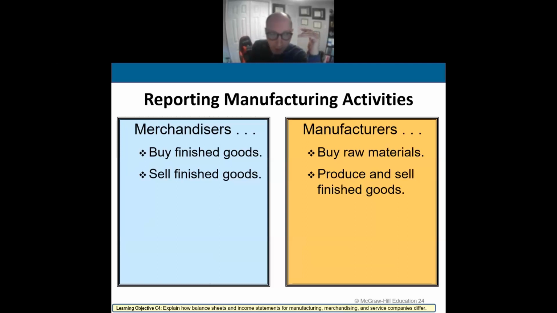Let's talk about the balance sheet. On the balance sheet, we have assets, liabilities, and equity. On the assets, we have cash, accounts receivable, inventory. Inventory is going to be the key one here. Long-term assets like property, plant, and equipment.